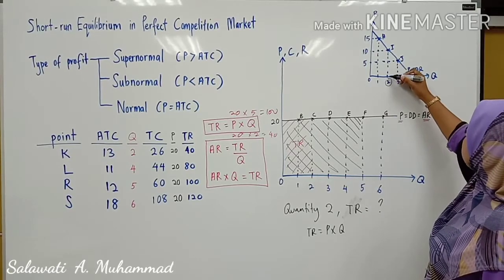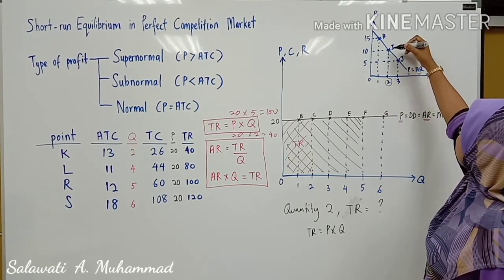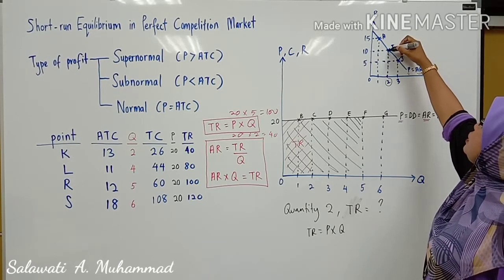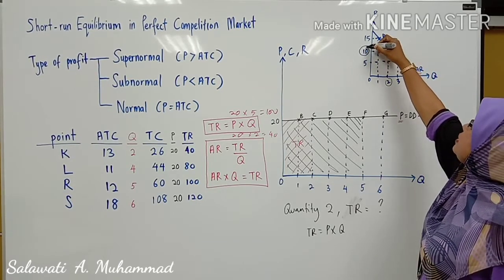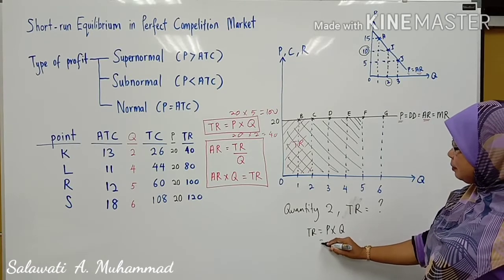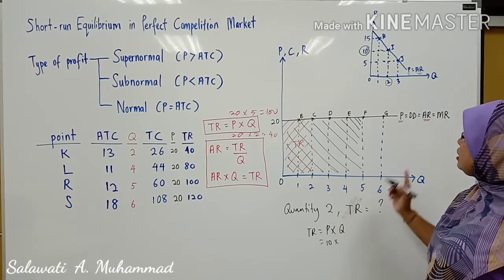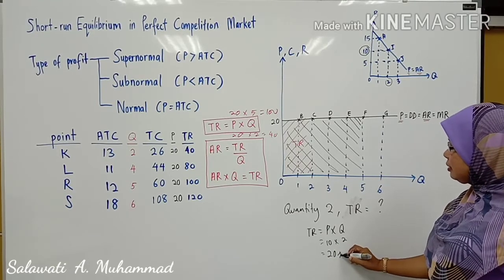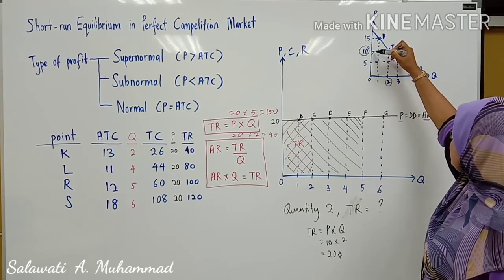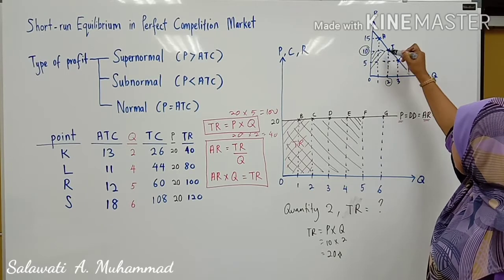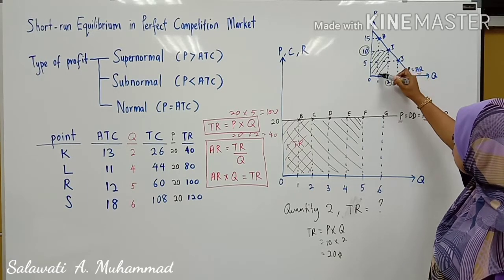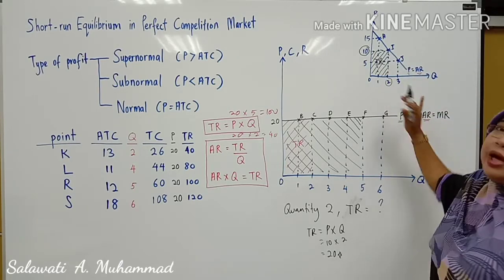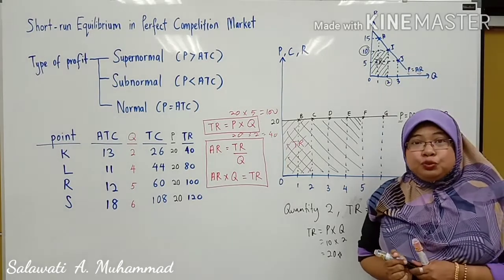So at 2 here, you are actually trying to find total revenue at point I. Okay, so the price is 10. The quantity is 2. It's 20. The answer is 20. You are trying to figure out the size of the square box here. This represents your total revenue at quantity 2.